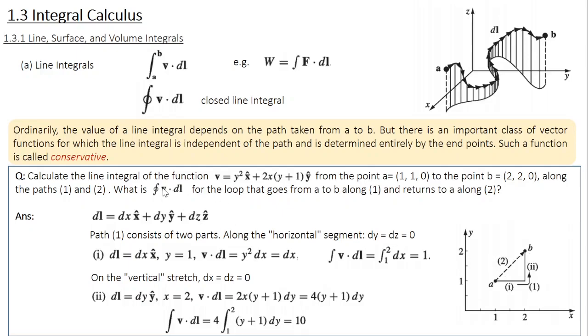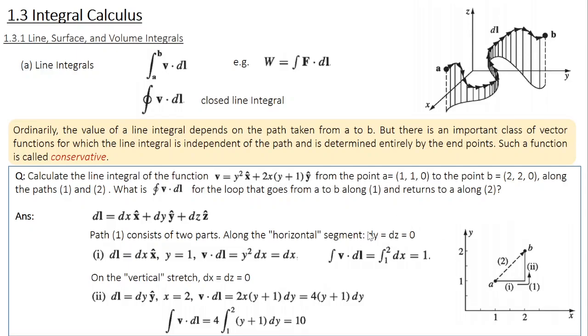So we need to find the integral v dot dl, and if you are considering Cartesian coordinates, dl is dx x cap plus dy y cap plus dz z cap. Let's first find the line integral for path 1. Path 1 has two segments. One is a horizontal segment and one is a vertical segment. Let's consider them separately. As you can make out, in the horizontal segment, the movement happens only along the x direction.